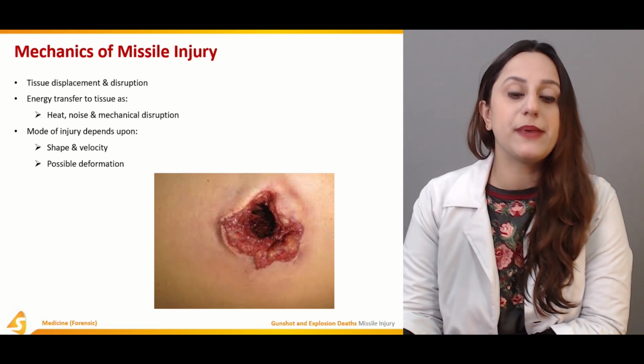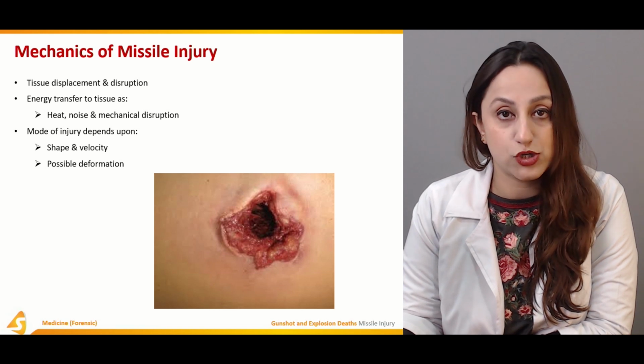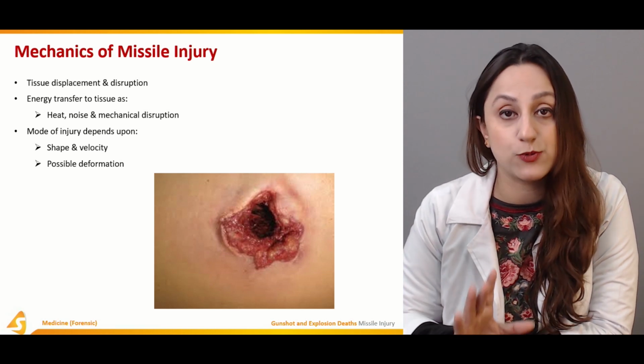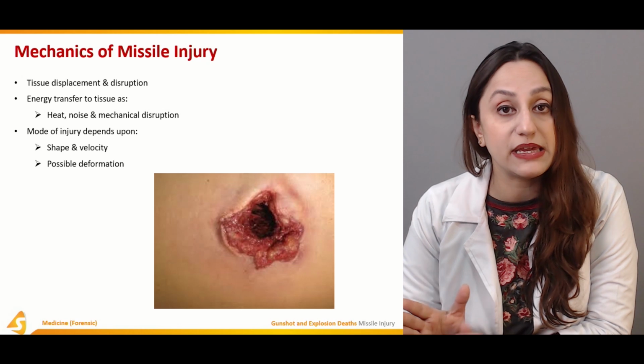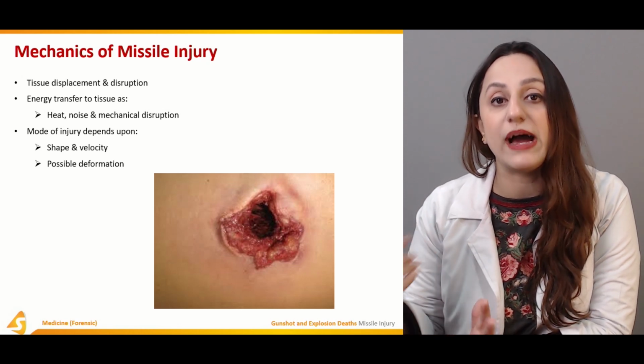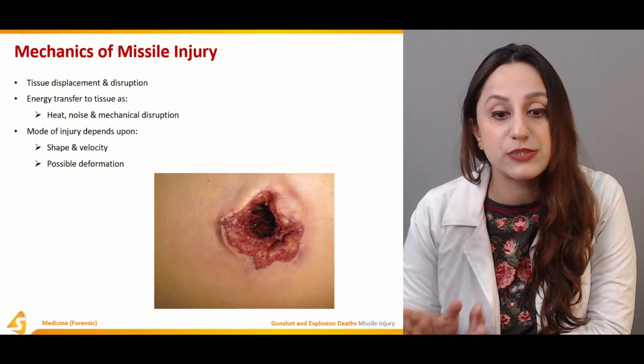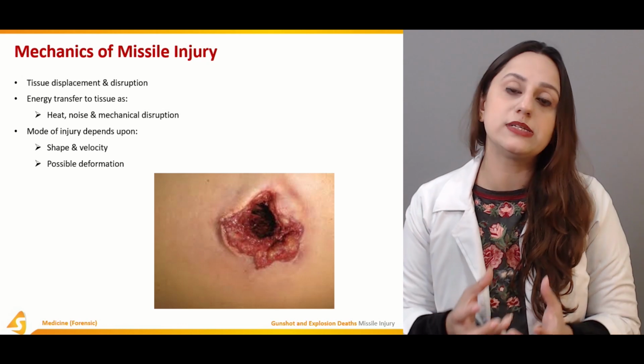So the mode of injury depends upon the shape and velocity. Again, the type of the weapon is very important. If it's a smooth bore, as I was talking about, as in the shotgun, or a grooved bore, as in the rifled firearms, the velocity will depend upon the type of weapon used. And then the shape of the bullet is again very important.